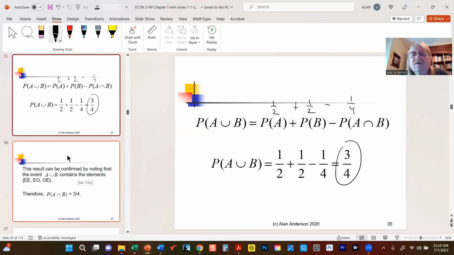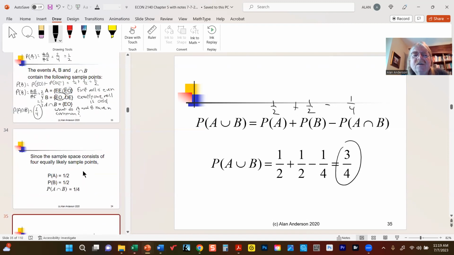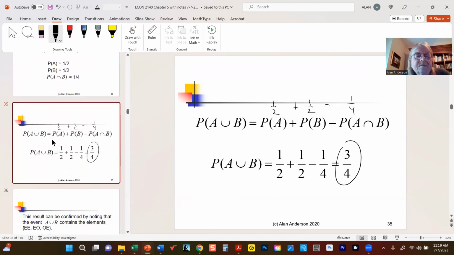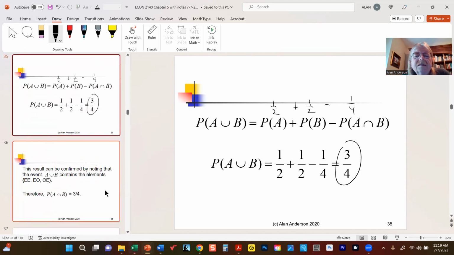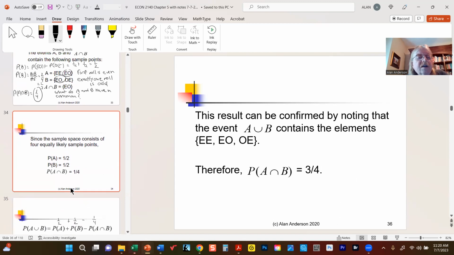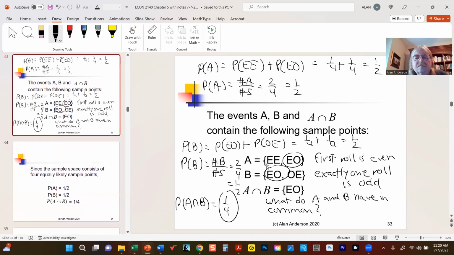Anyway, so now, by the way, it turns out that in order to come up with the same probability, it wasn't absolutely necessary to use the addition rule. Another option we had was to say, well, listen, what sample elements belong in the set? Okay, so if you look at these carefully, I'm just going to copy these two.